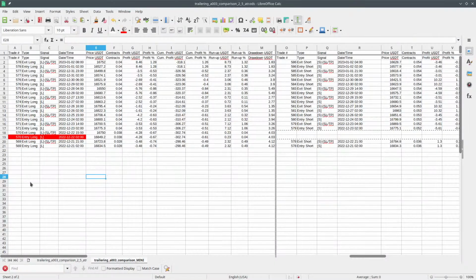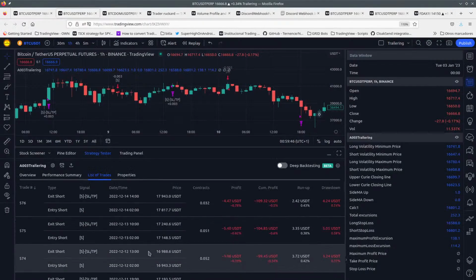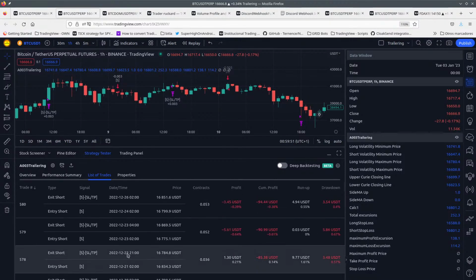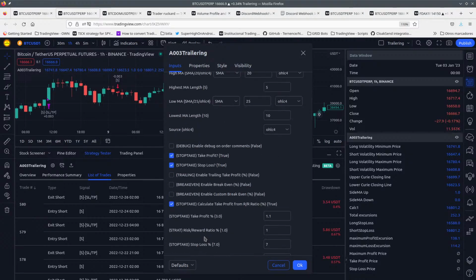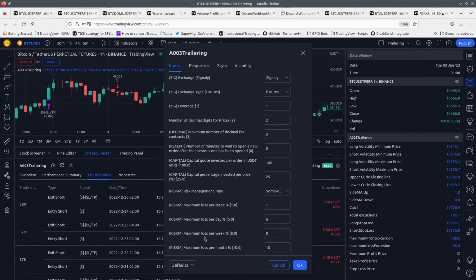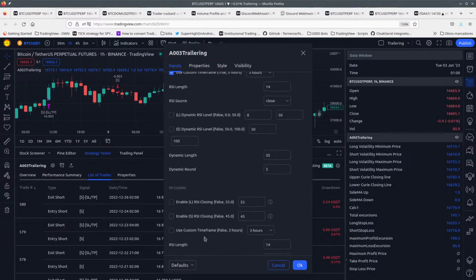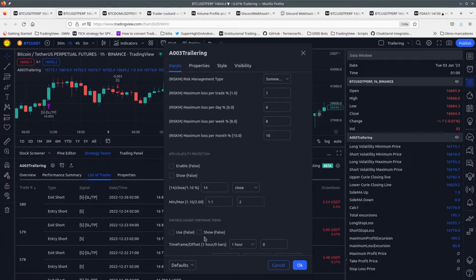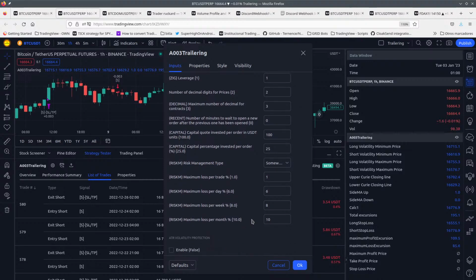We want to check 22 of November. 22 of November. No, there is not a trade. What about me saying that we don't care too much about risk management?